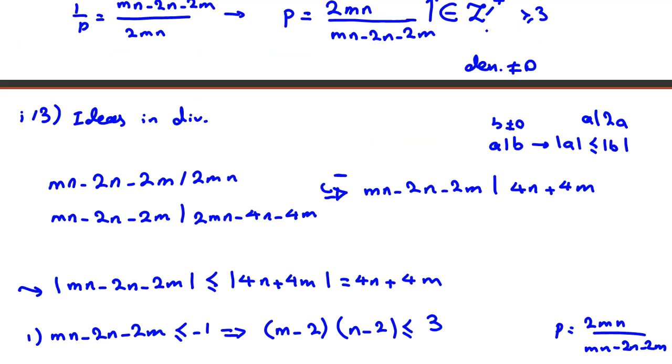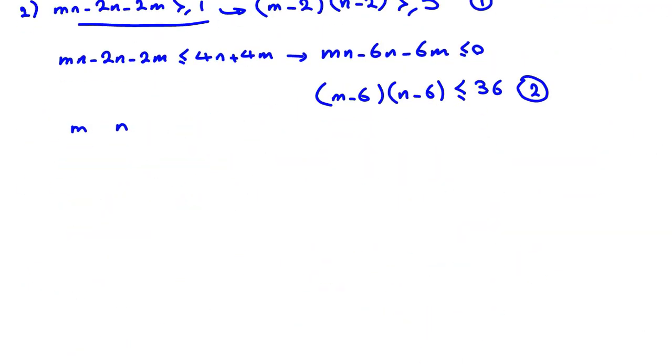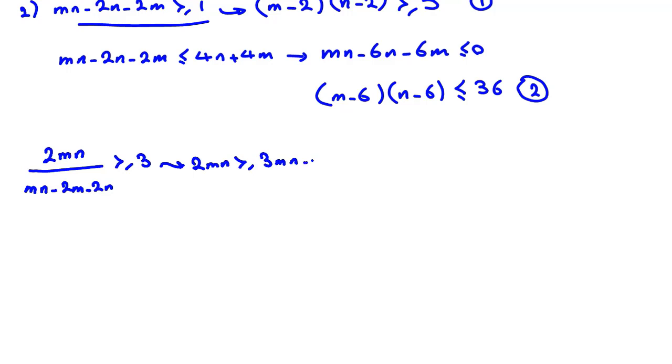So as you can see, also let's consider this one, that p is at least 3. So 2mn, let's erase this part, let's try to consider all things that you think may be useful. mn minus 2m minus 2n. This one is at least 3. So 2mn is at least 3mn minus 6m minus 6n.